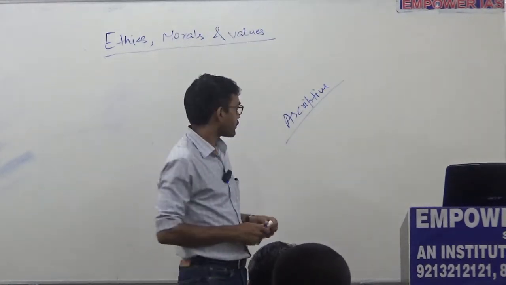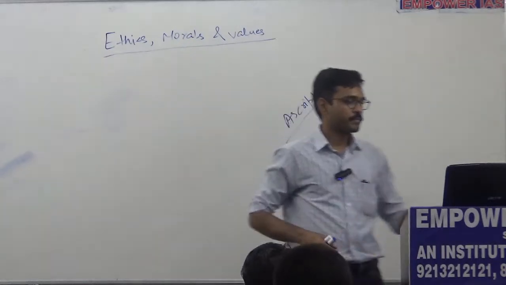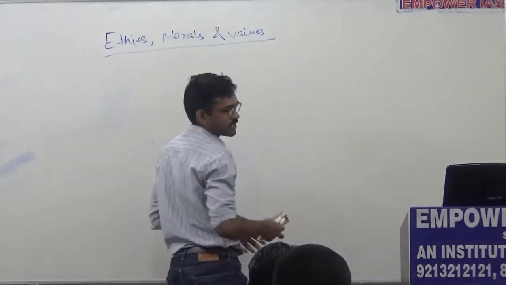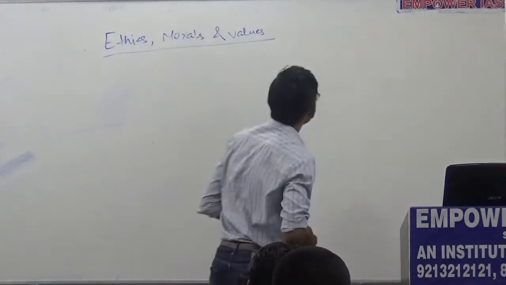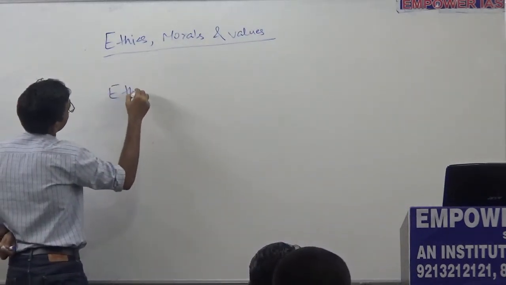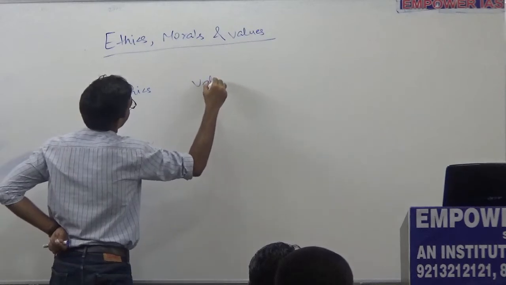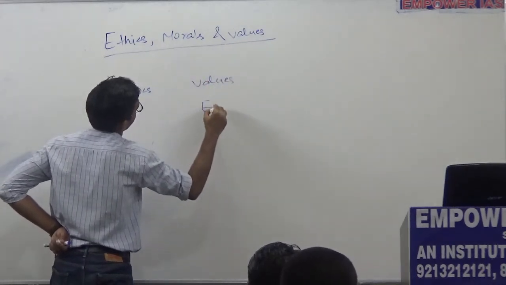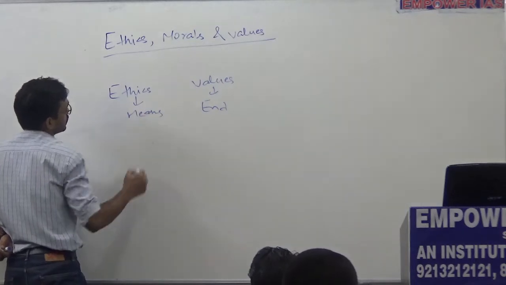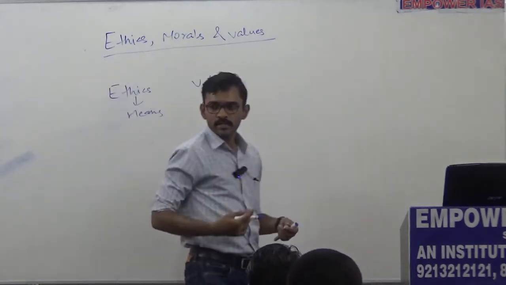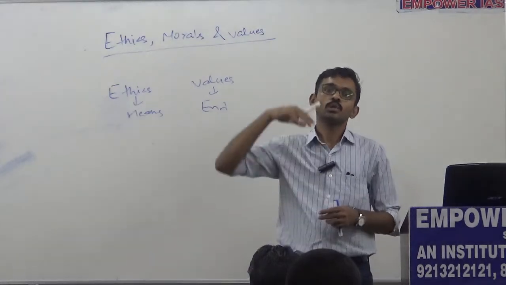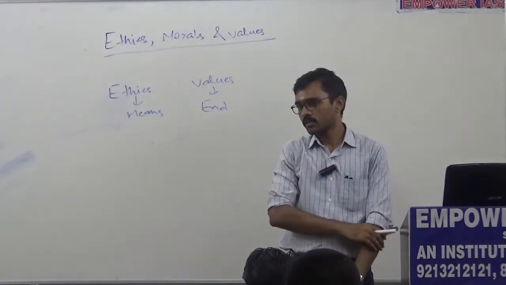Okay. See, the difference between ethics and values is essentially the difference between means and an end. So our values motivate us. How do our values motivate us? Our values motivate us to decide the final objective or the final goal.